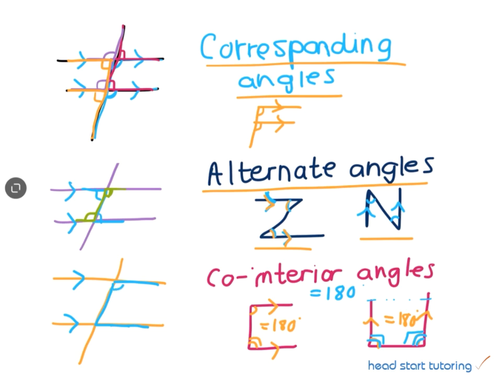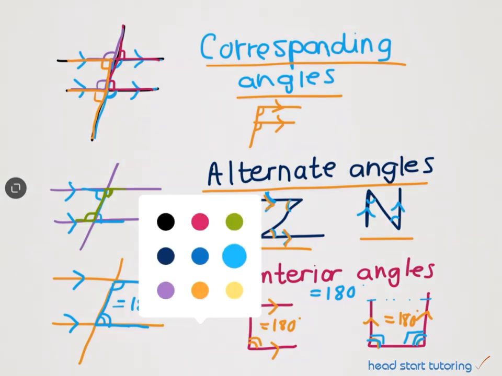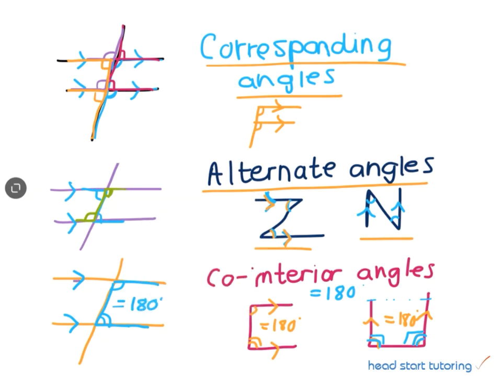So we can see that we've got co-interior angles there, and so the sum of those has to be 180 degrees. And we've got a backwards C or a sideways U there, and that means that these two angles will add up to 180 degrees.